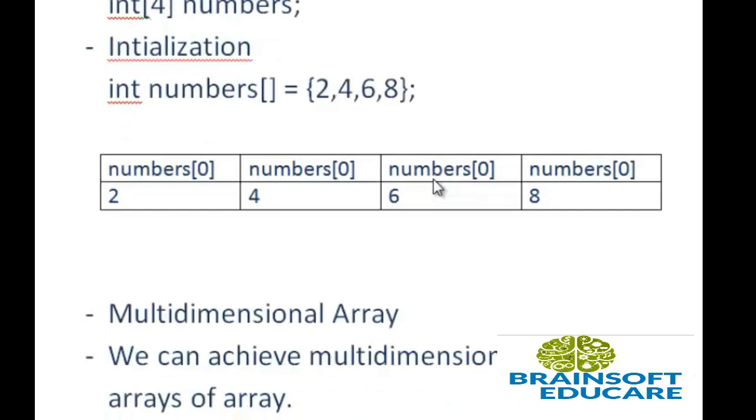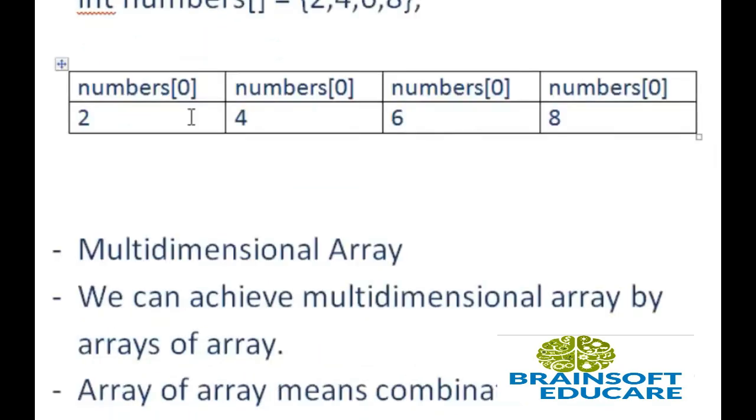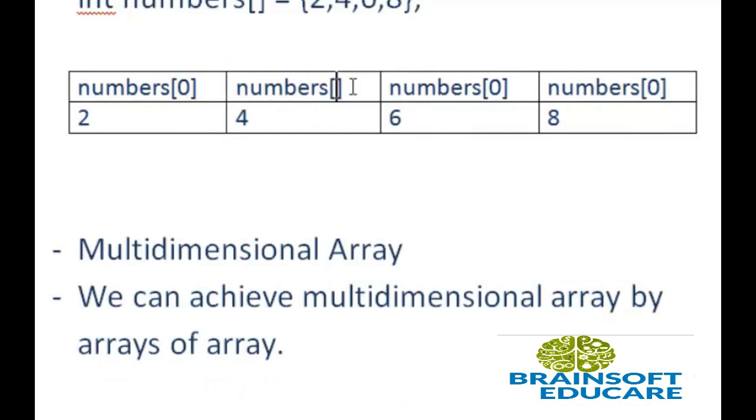This is the structure of this example. Numbers index 0 contains the value 2. In the same way, numbers index 1 contains 4, numbers index 2 contains the value 6, and numbers index 3 contains the value 8.